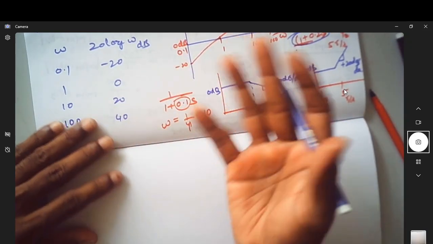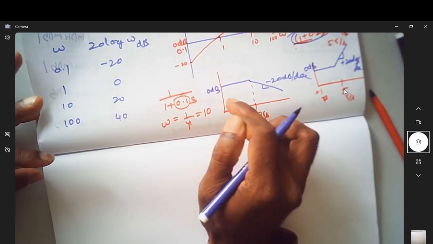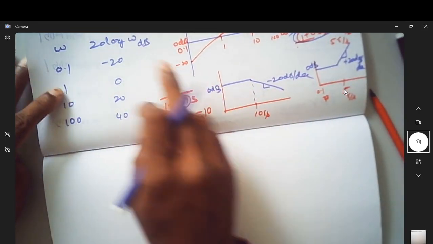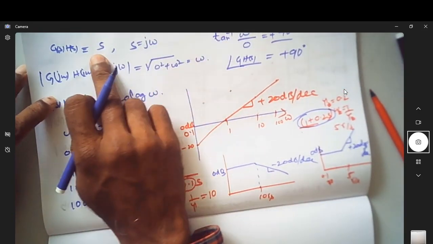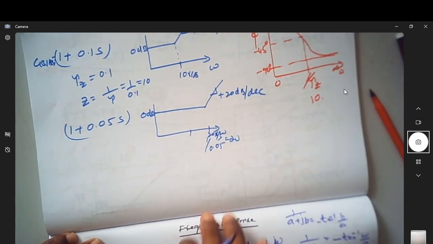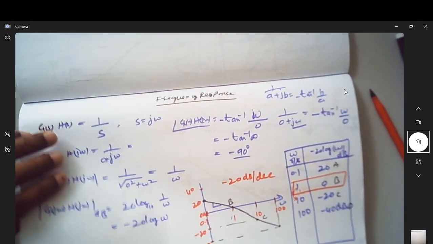So we have seen the magnitude plots for a finite pole, a finite 0, a 0 at the origin, and a pole at the origin.